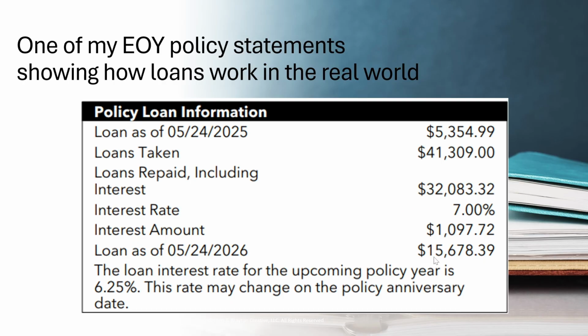Now, in a traditional financing sense, if I needed $41,309 in capital access, I would have to pay interest on that entire amount. And if we think about what that would be if it was 7% in a traditional loan scenario, well, that would be about $2,800 in interest. Well, you can see that I actually paid $1,097.72.